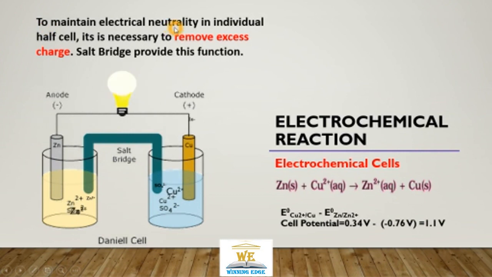To maintain electrical neutrality in the individual half cells, excessive charge has to be removed. That is done by the salt bridge. What does the salt bridge do? A salt bridge provides a medium for both charges to be exchanged. Positive charge moves from the zinc side, negative charge moves from the cathodic side, and they get neutralized through the salt bridge.